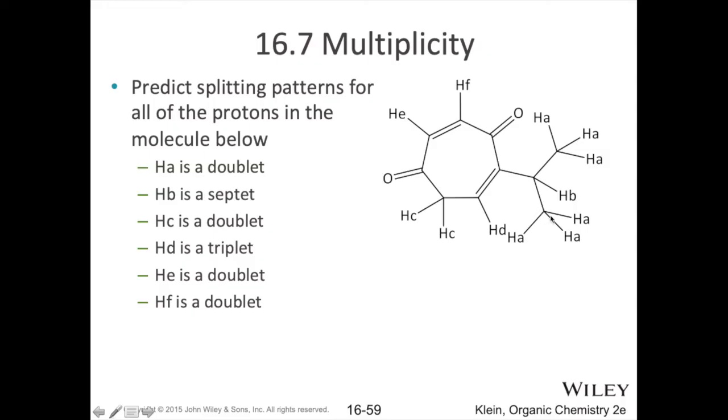That might be a good way to visualize this, to see why all 6 hydrogens of these 2 methyl groups are equivalent, right? They're enantiotopic to each other. Likewise, these 2 hydrogens here are also enantiotopic to each other. Just imagine most of this molecule all being in the same plane.